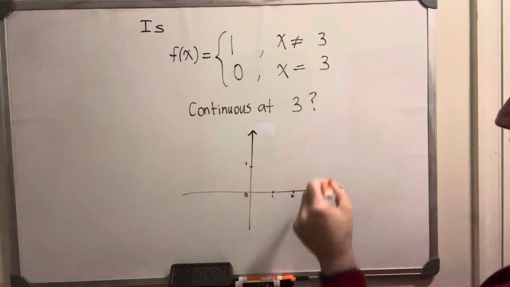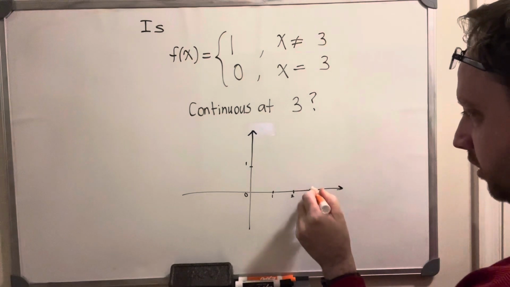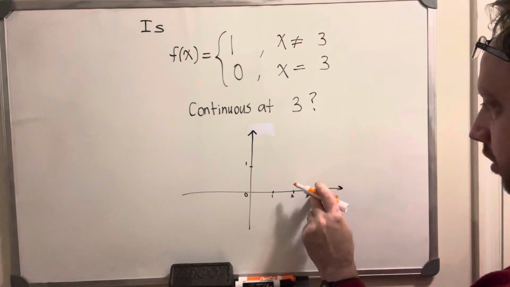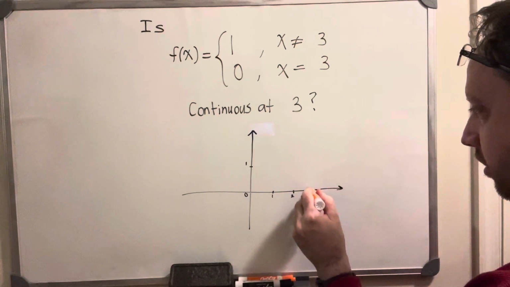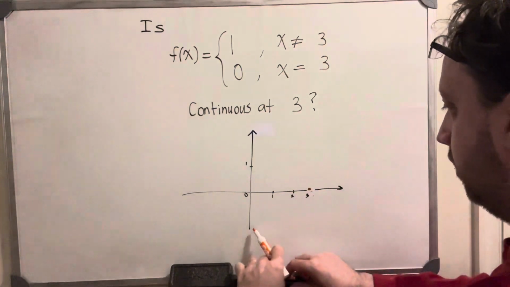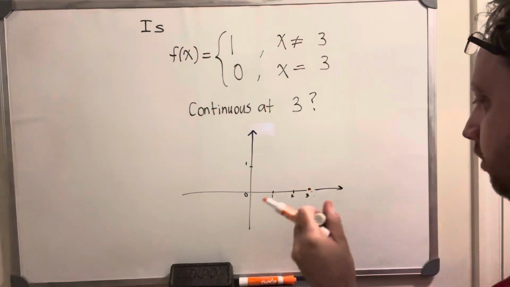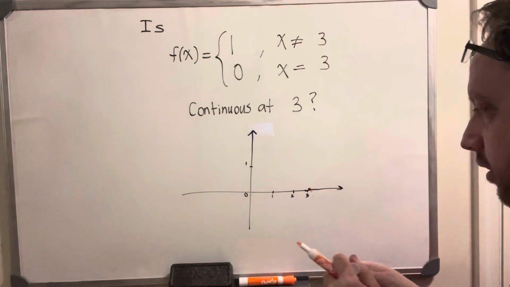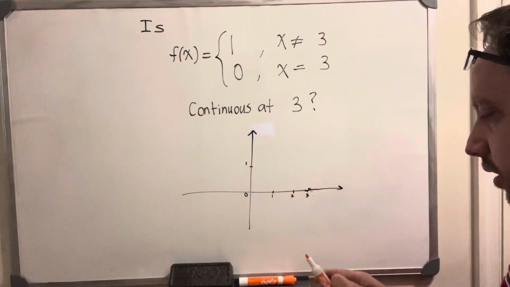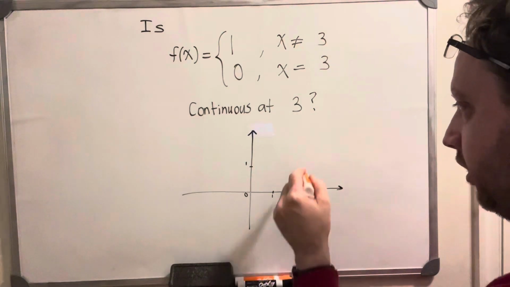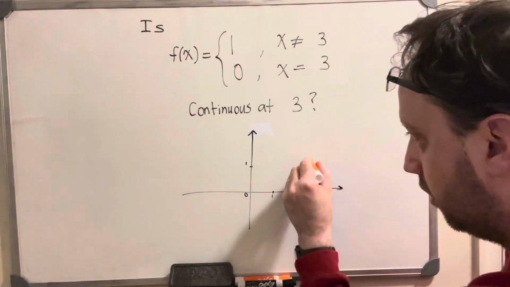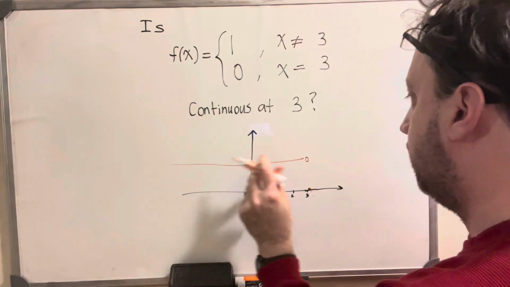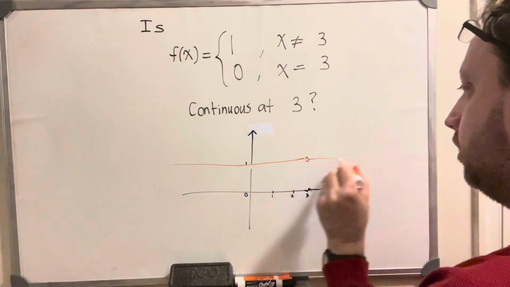But if it is 3, then the function's value is 0. So we know that right here we have a single point where the function's value is 0, but everywhere else, its value is 1.